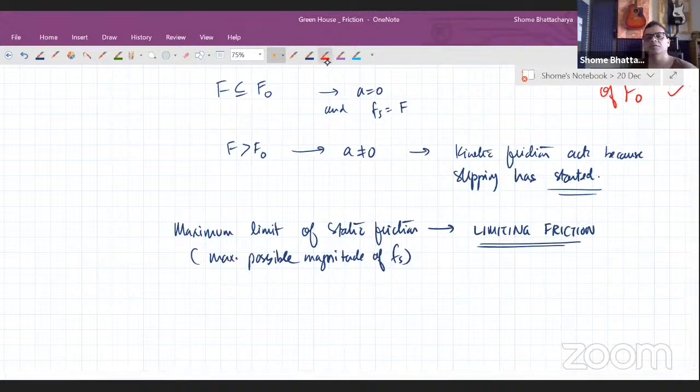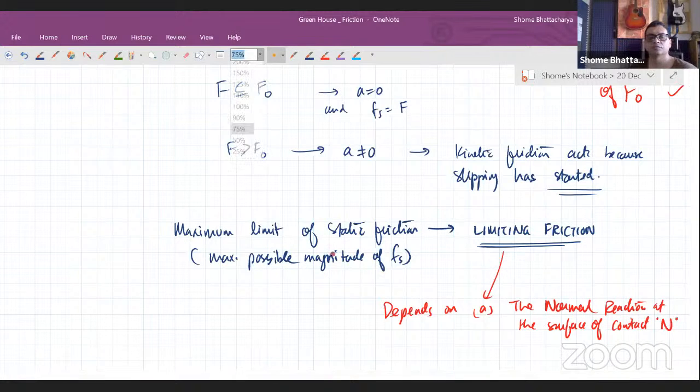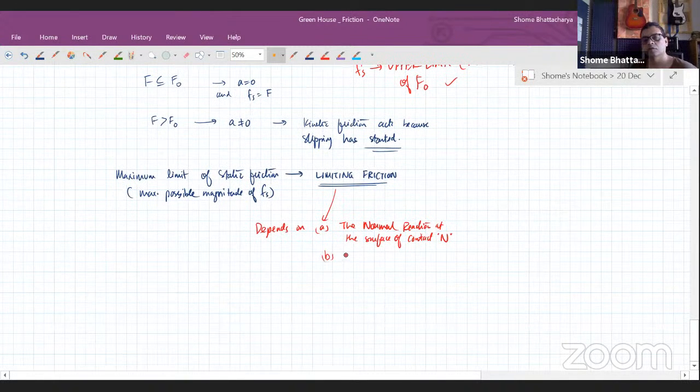Okay. And we will see that this limiting friction depends on two things. The normal reaction N at the surface of contact, and it also depends on the materials of the surface of contact.